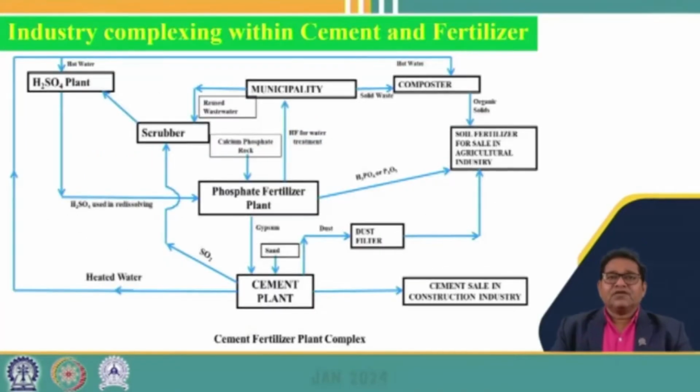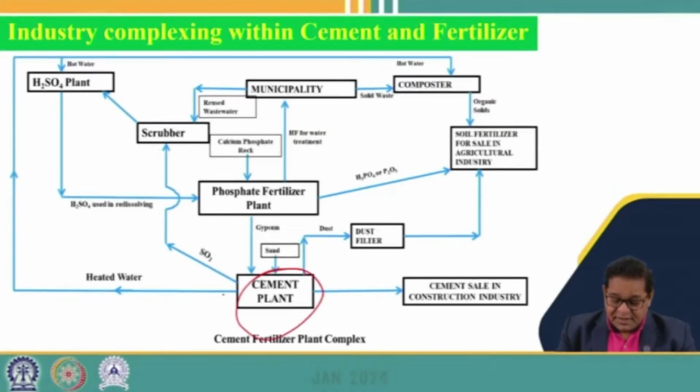So now let us talk about the example of cement and fertilizer industries where this industrial complexing has to be carried out. Here, this is the cement plant, and this is the phosphate fertilizer plant.